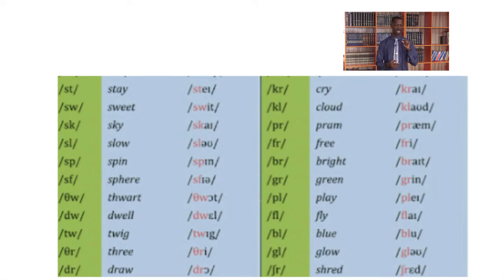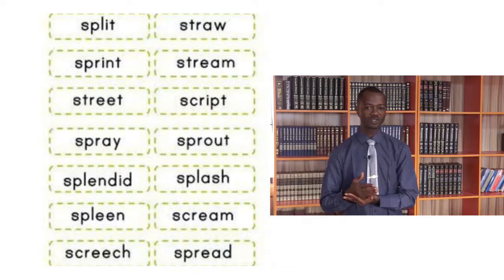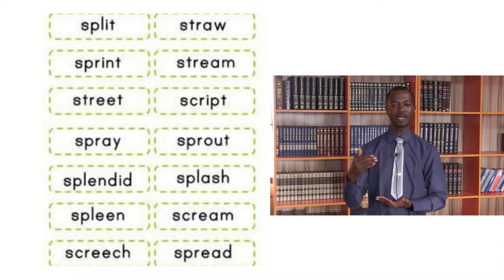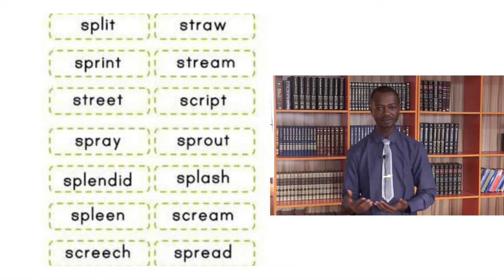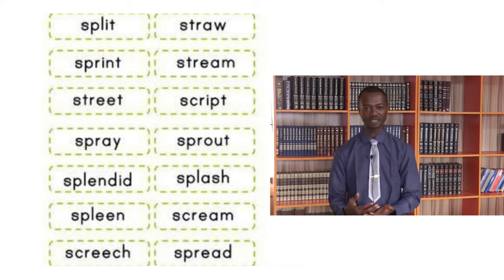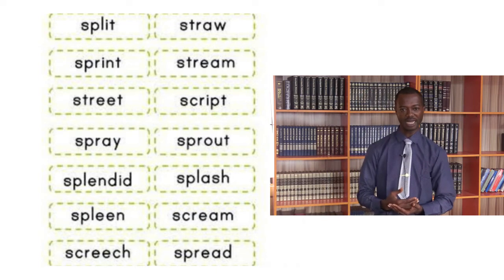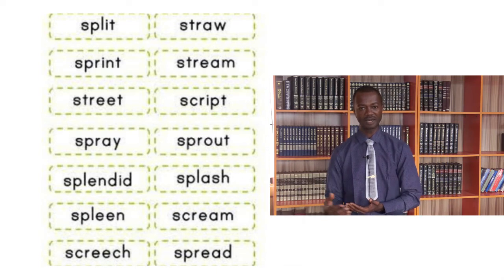All right, the CH is a digraph. So the consonant cluster there is actually SK. We also have three-letter consonant clusters like street, STR, like stripe, also STR.